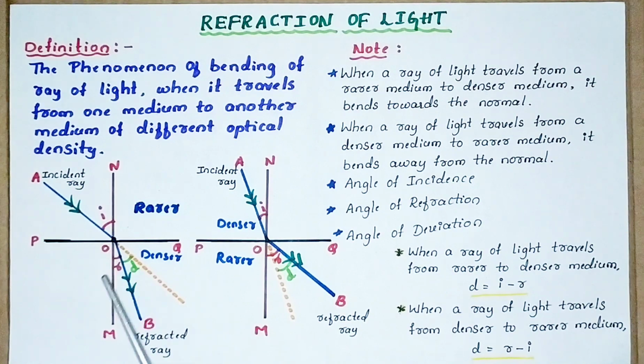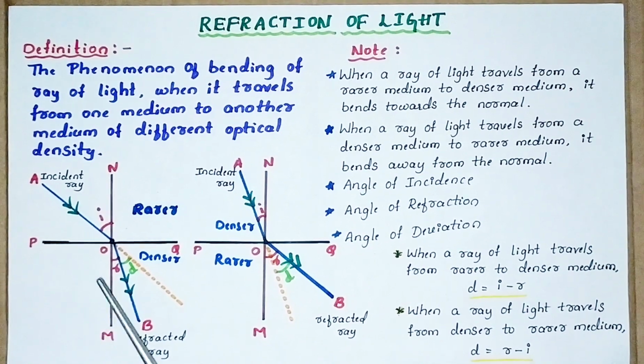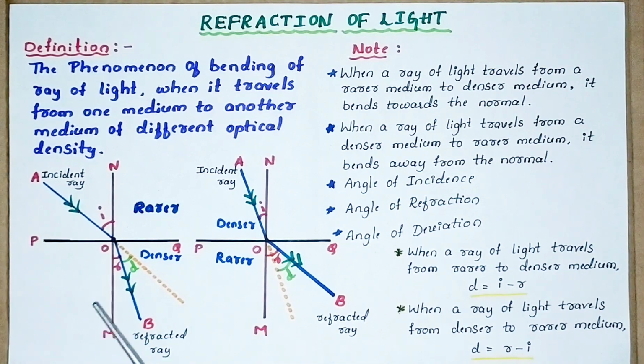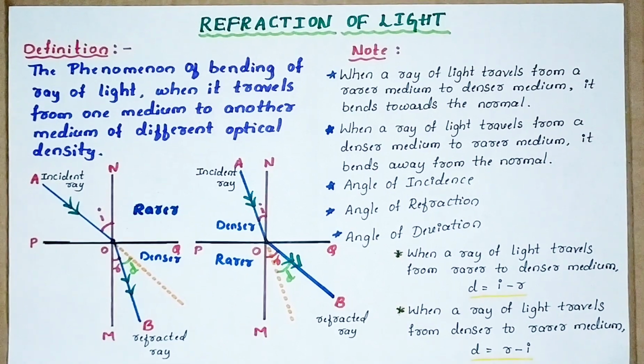Why is the ray of light bending? Because its speed decreases. Why does the speed of light decrease? Because it is entering a high density medium. So when the ray of light travels from rarer medium to denser medium, the speed of light decreases, so bending of light takes place, and it is bending towards the normal.